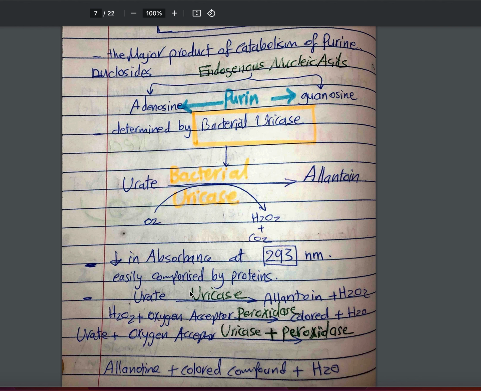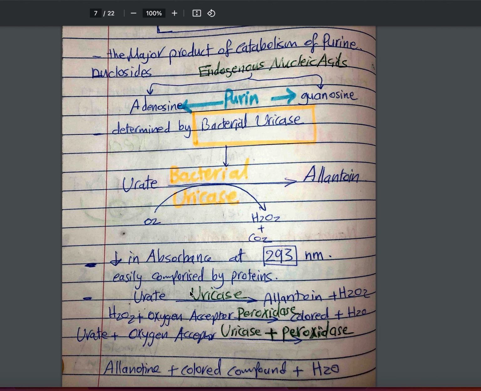Then the H2O2 plus oxygen acceptor with peroxidase leads to a colored compound. So urate and oxygen with uricase plus peroxidase lead to the production of allantoin, a colored compound, and H2O2.